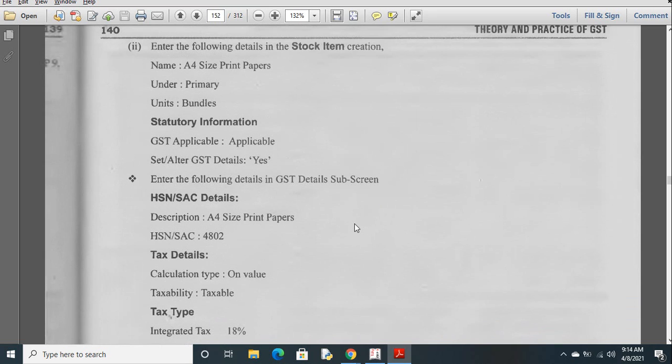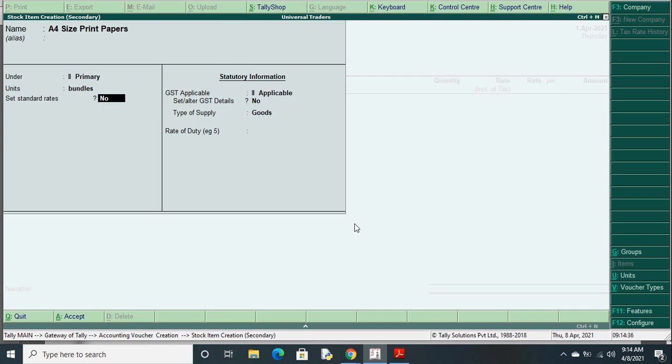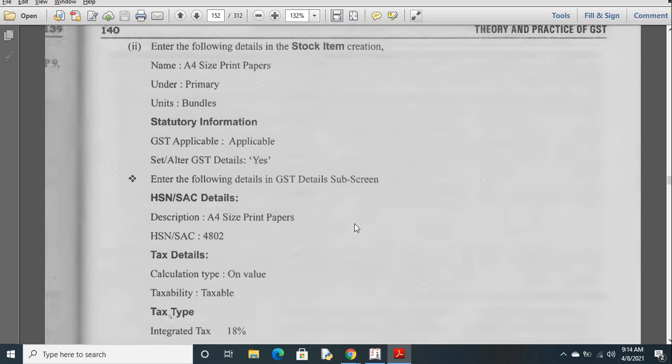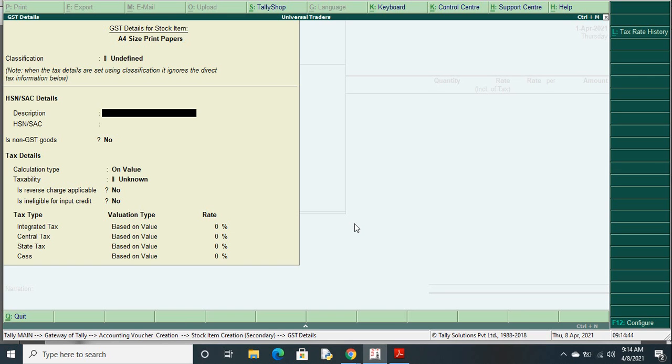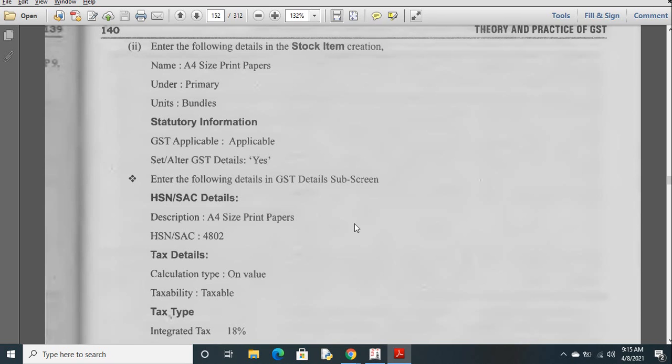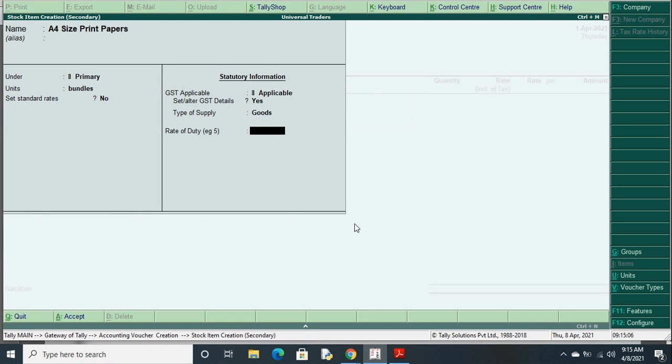Applicable, yes. Enter. Description: A4 size print papers, 4321 on value, taxable, percentage is 18%, goods, enter.